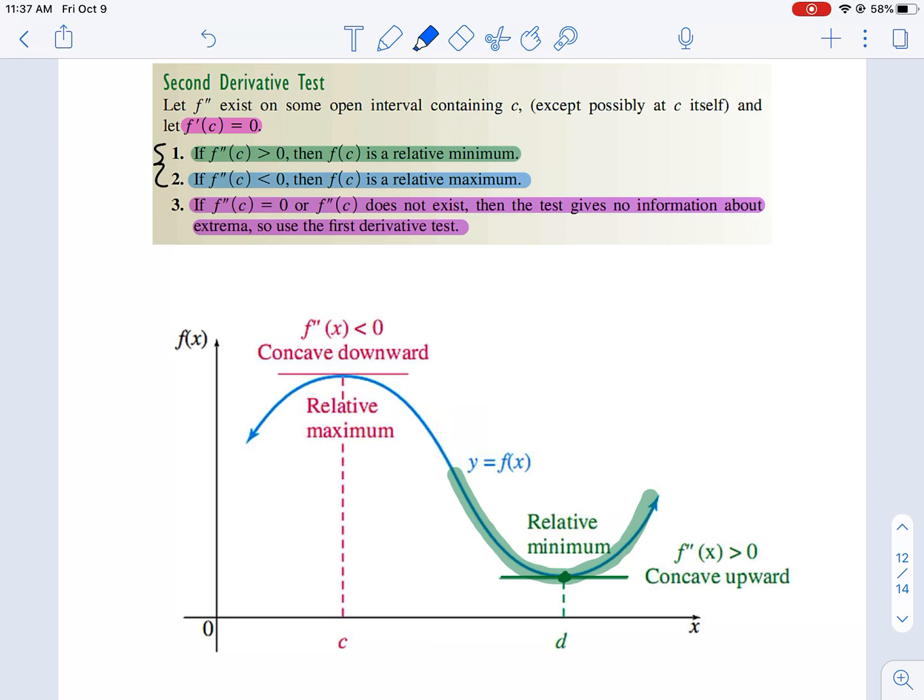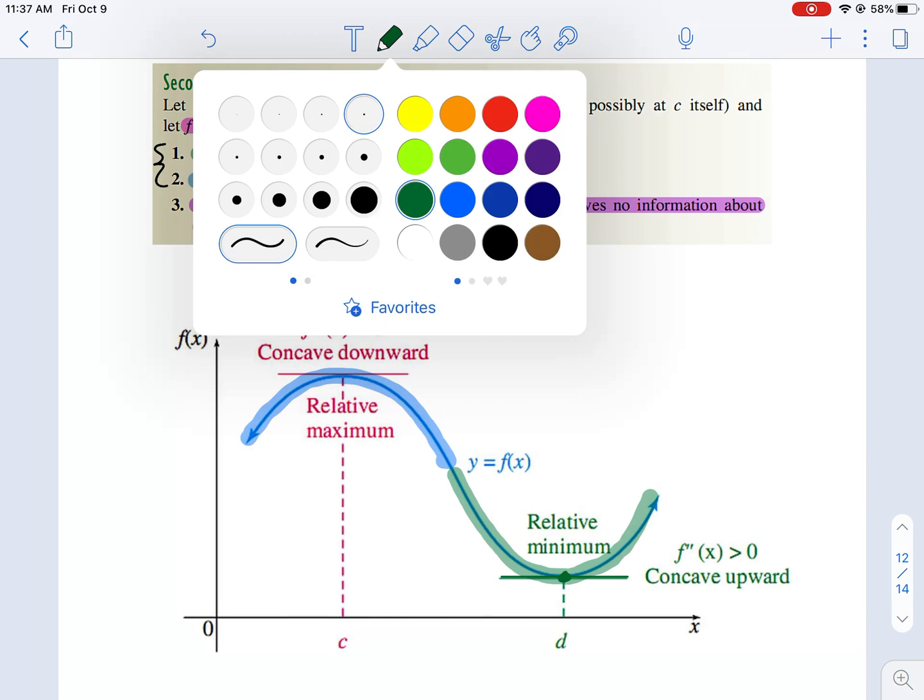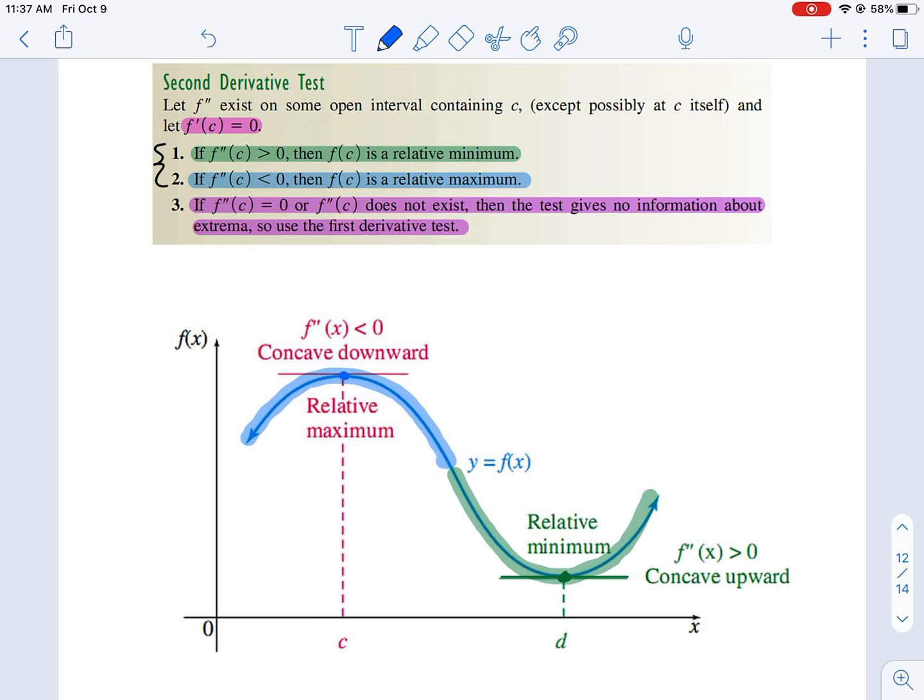If we take a look at the second statement, the second derivative is less than 0, which means the graph in that interval is concave down, so the critical number in this interval, where the graph is concave down, is a relative maximum.